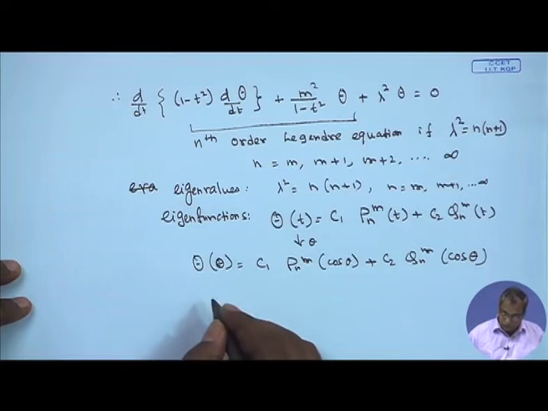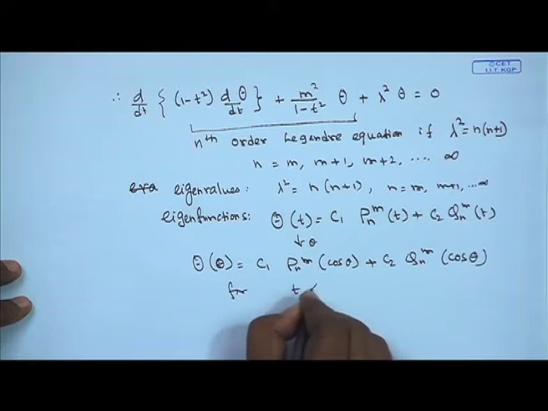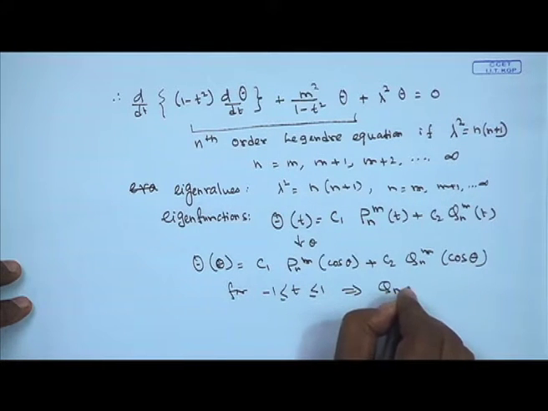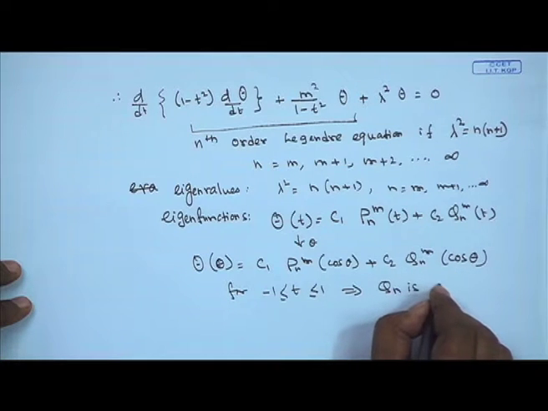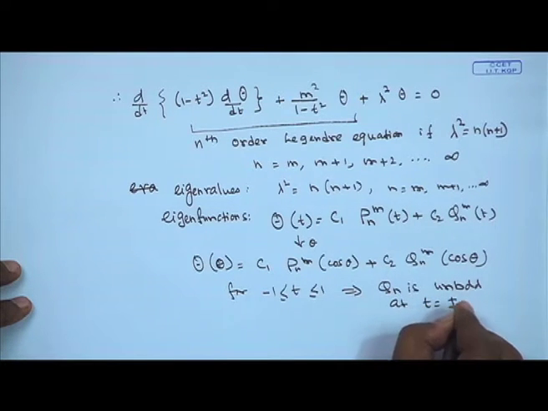And we already know that for t lying between minus 1 and plus 1, Qn is unbounded at t is equal to plus minus 1.